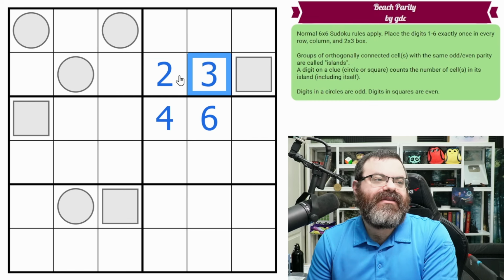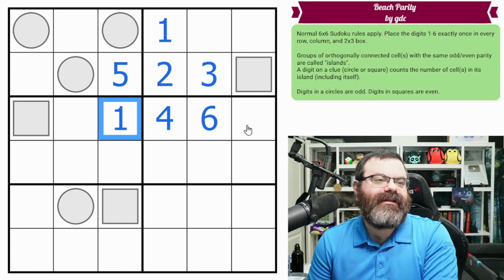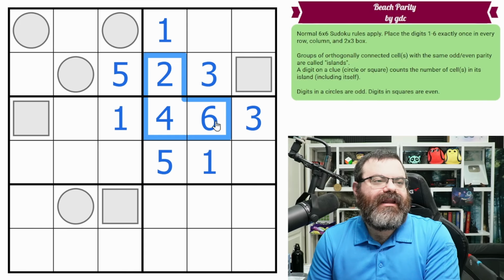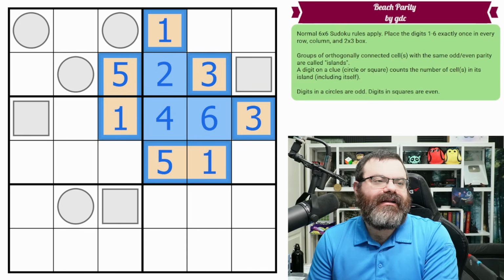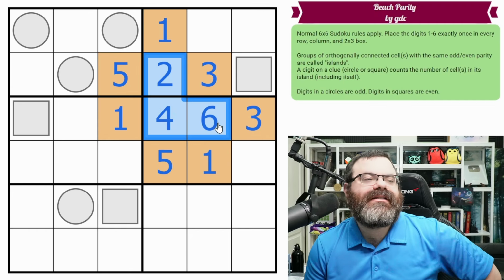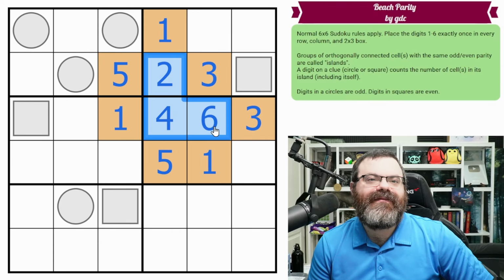So if I fill, say, a 3, 1, 5, 1, 3, 1, 5 like this, and I color code, these are even and these are odd, then what I've created here is these 3 digits are an island of even cells. So a group of orthogonally connected cells with the same even odd parity are called islands. So this is one of our islands.